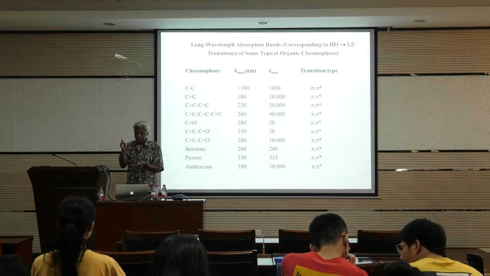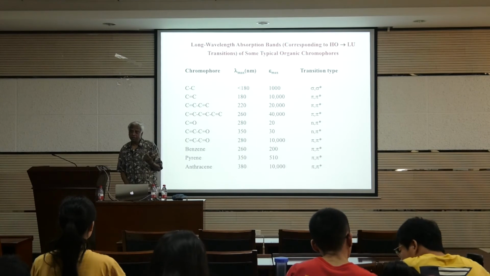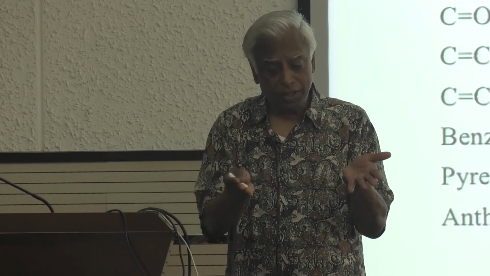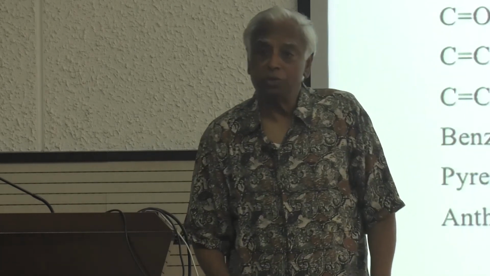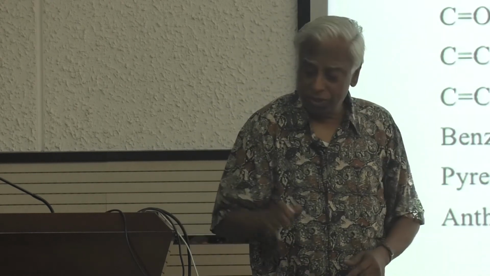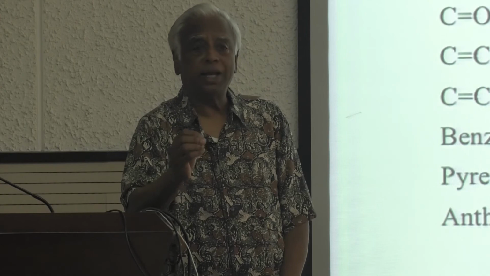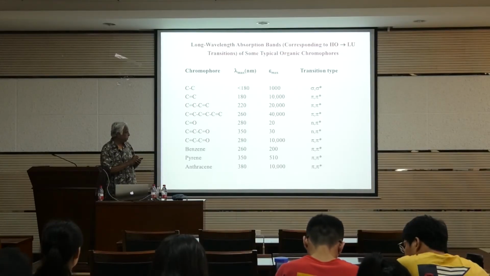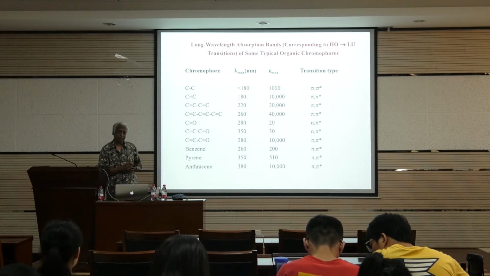So it gives the energy, but still it is not able to take it, because whether the transition is allowed or forbidden will decide whether it can take the energy or not. That part is what is called the selection rules. That number will decide how efficiently you can activate a compound. Here, this number is all over the place: 1,000, 10,000, 40,000, 20, 30, like that.